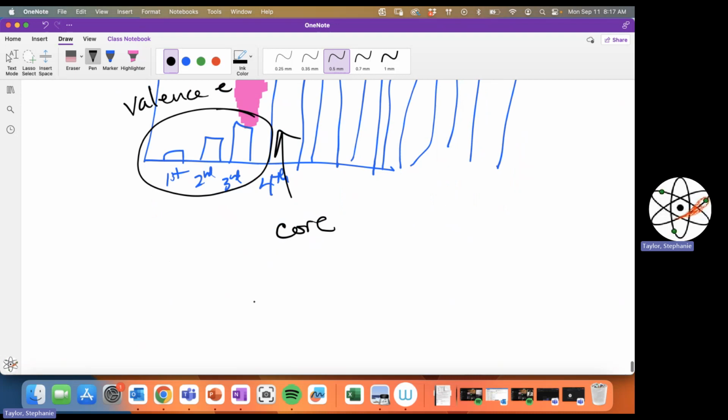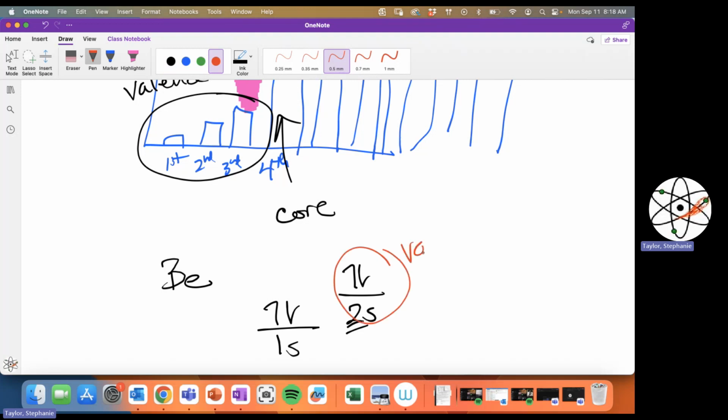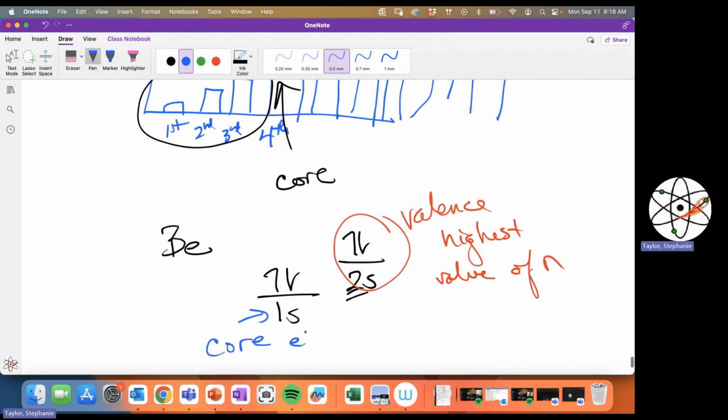So for valence and core, if I was talking about something like beryllium, 1s, 2s, my highest value of n is what we refer to as valence, because this has the highest value of n. Therefore, these are what we would refer to as my core electrons.